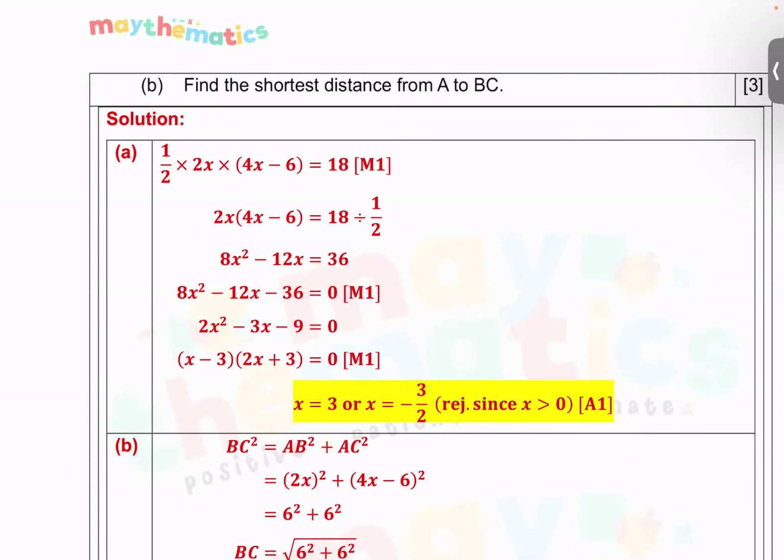7 to 12 is what? Pythagoras. Okay, then is Trigo tested?